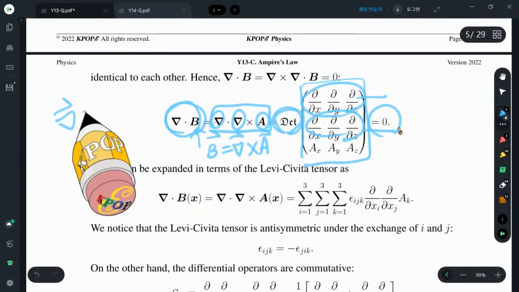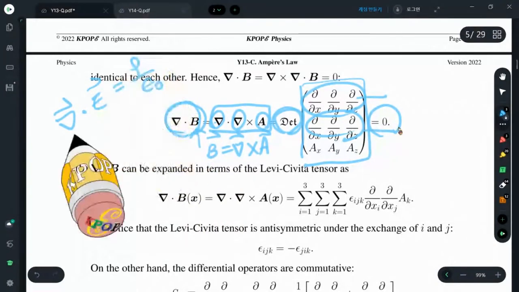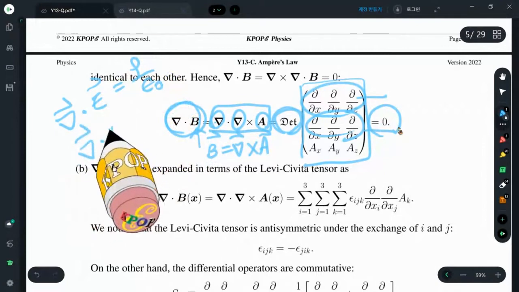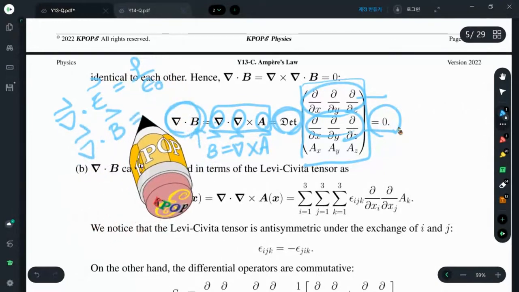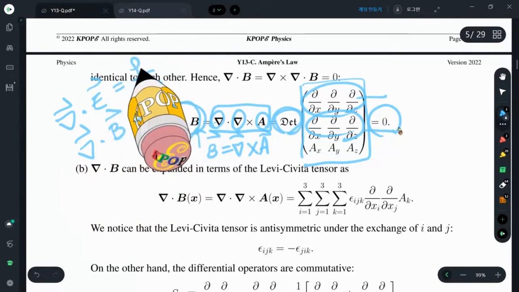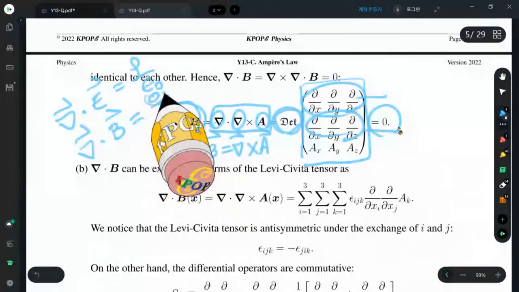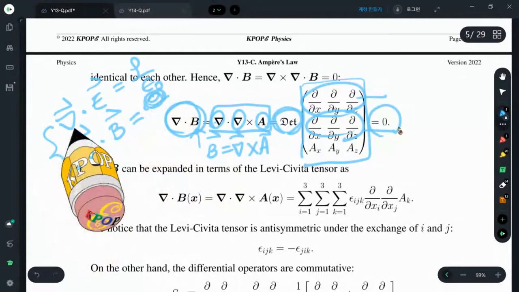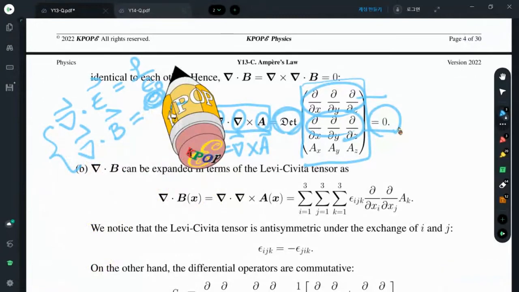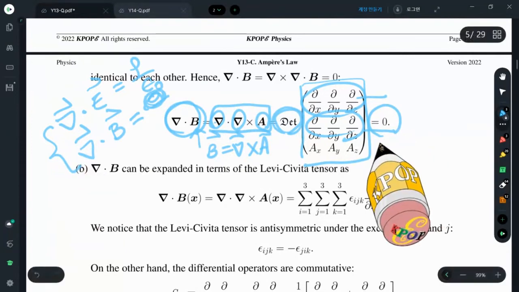I told you divergence of E equals rho over epsilon 0. However, the magnetic field does not have any monopole, only dipoles. The sum of pole charges in the dipole in the magnetic field is 0. So we have actually found two among the 4 differential forms of Maxwell's equations already.